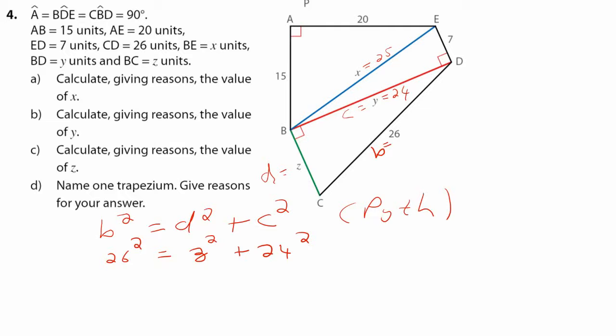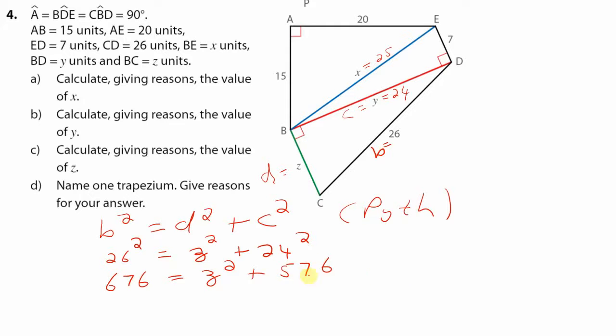So what's 26 times 26? 676. What is 24 times 24? 576.